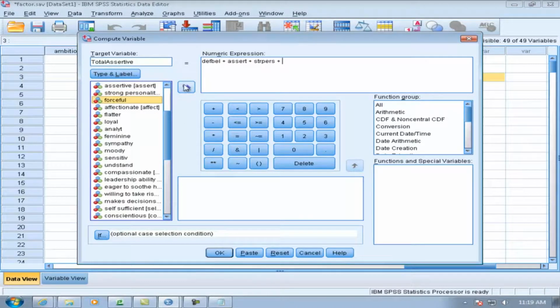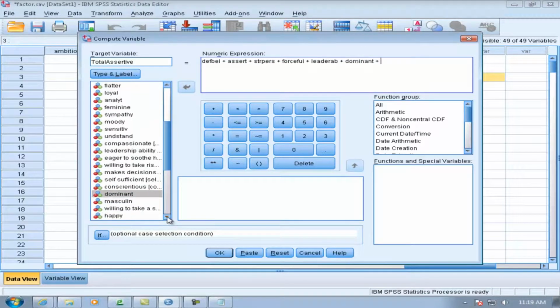Forceful. Okay, it goes in. Plus, what's the next one? Leadership ability. And what's the next one? And what's the next one?